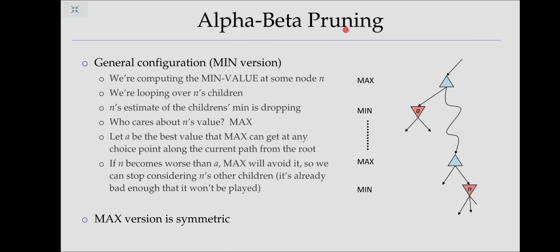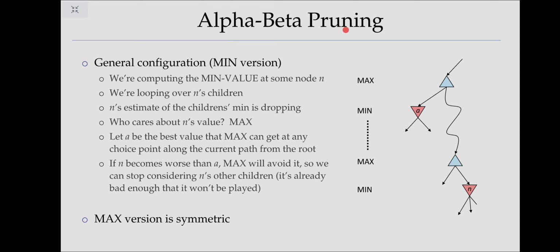As you remember, in the min player, we call the min value function. Consider n as the min player. It calls the min value over the successors. The successors of n are max players.